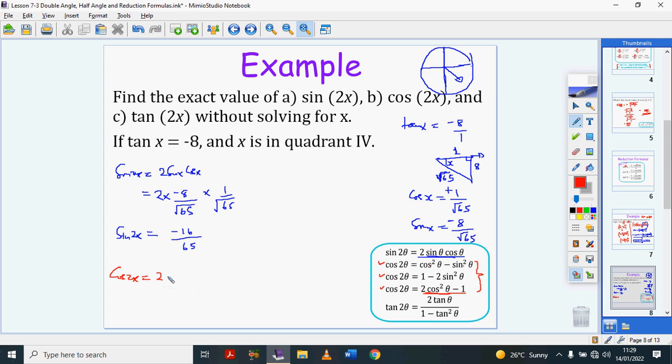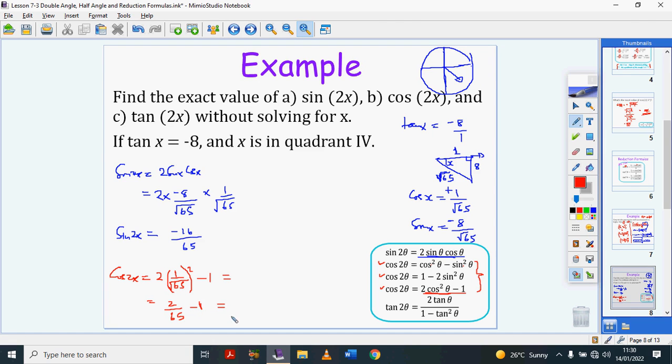So this is going to be 2 times cosine, which is 1 over square root 65, squared, minus 1. And whichever one you use, you will get the same answer. So this was square root 65, sorry. But when you square it, the square root disappears, so you have 2 over 65 minus 1.